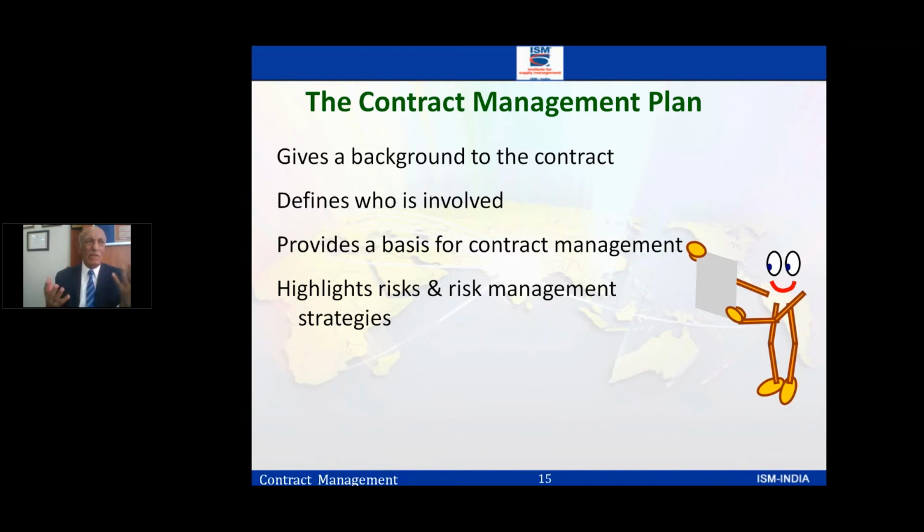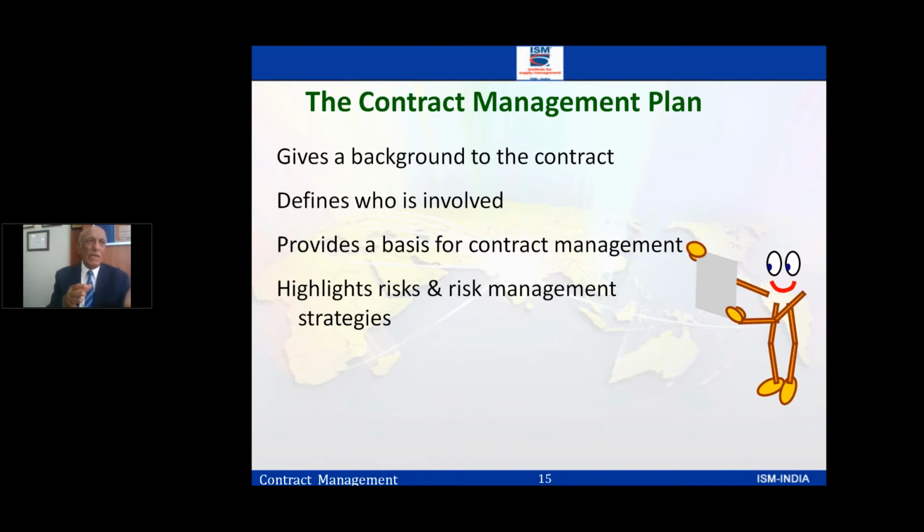Sometimes people ask, very simply, what is a contract? Then I normally define that there are three parts in the chain of contracting: pre-contract, contract, and post-award contract. So pre-award, award stage, and post-award.